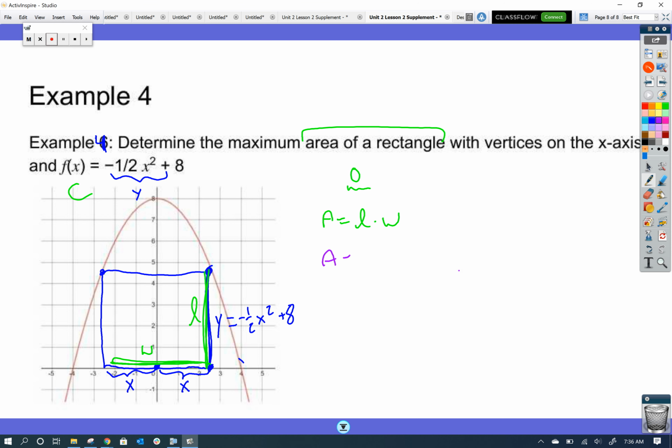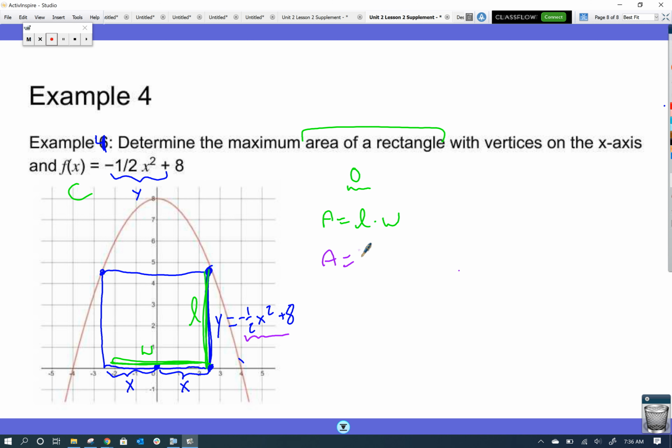Okay, so our length right here is negative 1/2 x squared plus 8. What's the width? We got two x's. Aha! One variable, only x's. This is good. All right, so that actually was a little bit tricky to create this model, but this is a model for our area, a length times a width.